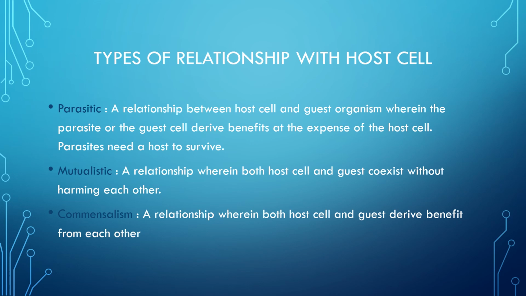The next type is mutualistic, a relationship wherein both host cell and guest derive benefit from each other. The next type is commensalism, a relationship wherein both host cell and guest coexist without harming each other.